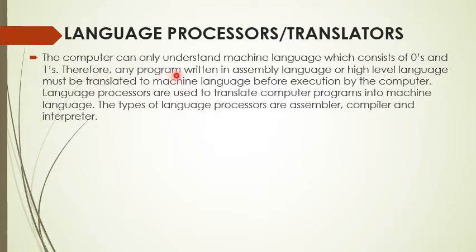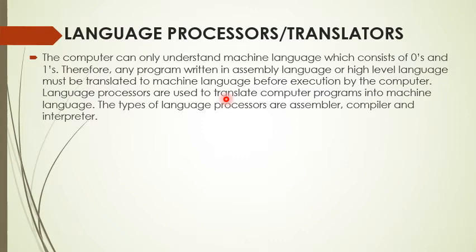So assembly language and high level language need to be translated into machine language before running on your computer. Language processors are used to translate computer programs into machine language, and they are assembler, compiler, and interpreter. So we have three types of language processor: assembler, compiler, and interpreter.